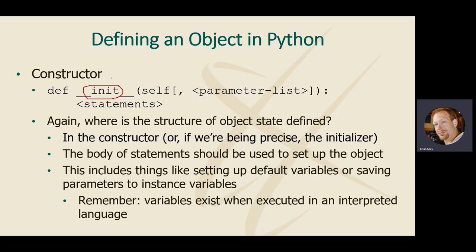So variables only come into existence when they are executed in the interpreter. What this means is if we have a variable that isn't set up in our constructor, and then we have a method that calls on that variable that needs that data before that variable gets set up, the program's going to crash.